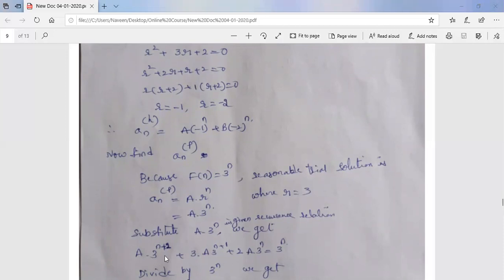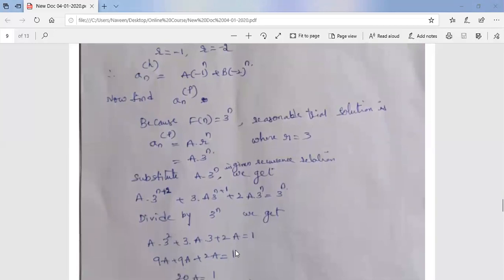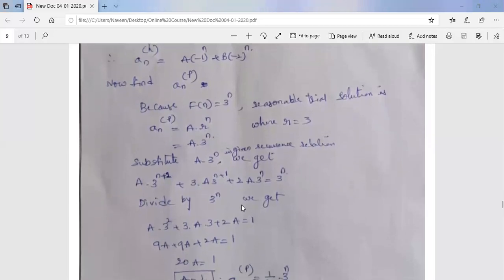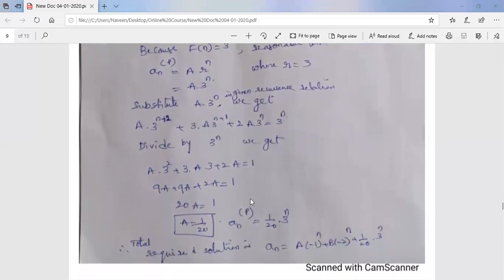We get a·3^(n+2) plus 3·a·3^(n+1) plus 2a·3^n is equal to 3^n. By dividing by 3^n, we get the a value as 1 by 20. Therefore, the particular solution will be equal to 1 by 20·3^n.